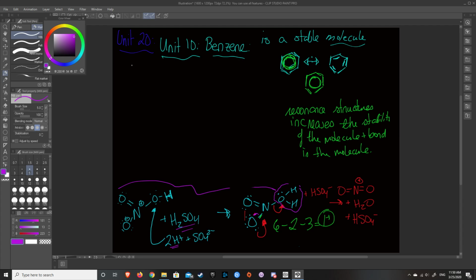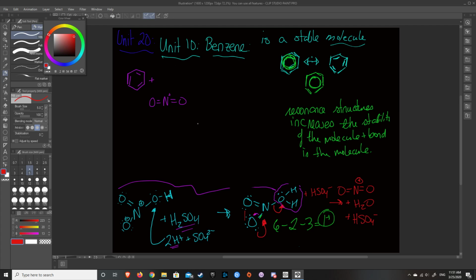Sorry, that's an ugly benzene molecule. There we go, that's beautiful. We've got a benzene molecule, and we're reacting it with NO2 positive. It's easier if you draw out the whole structure. That's what we're reacting with.